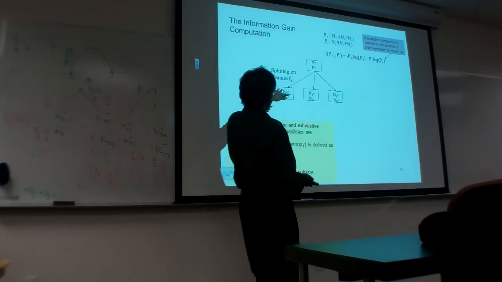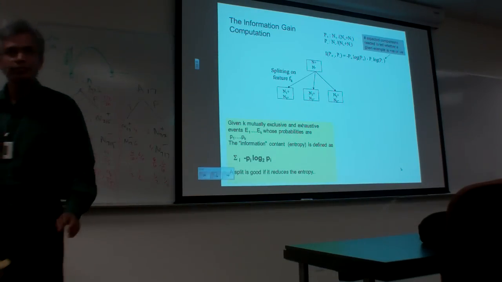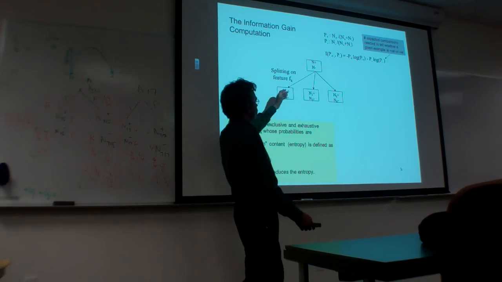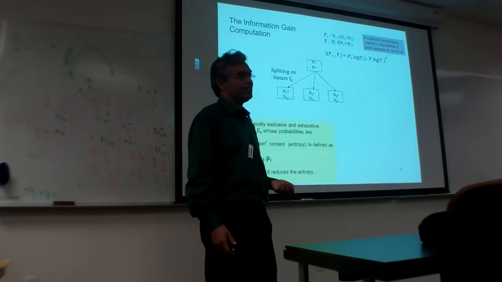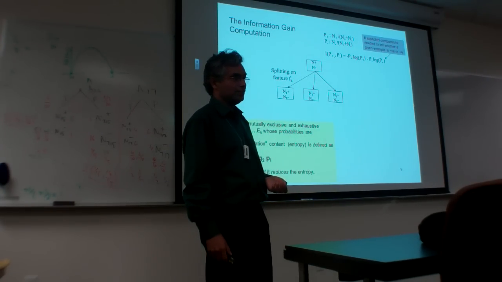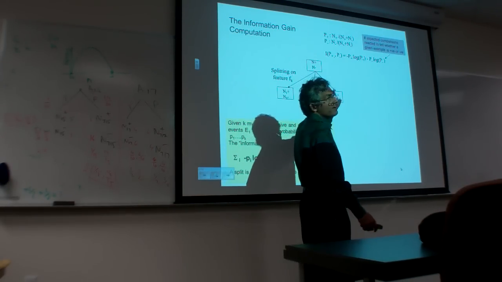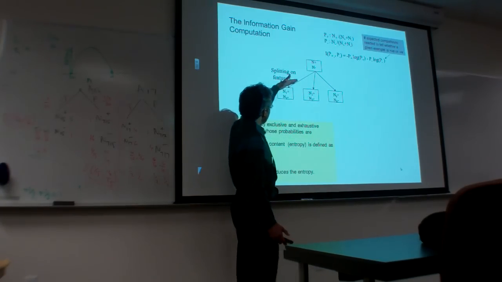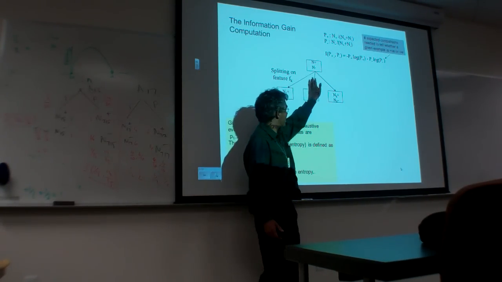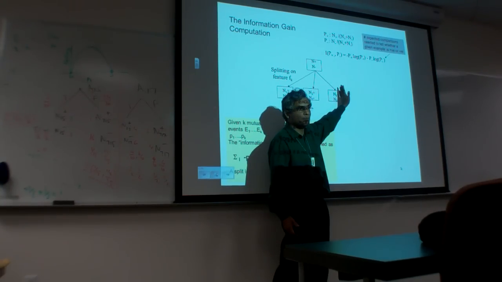Suppose I was going to split on feature fk, and it has some different values. In this particular case, the way I wrote it, it has k different values. In this branch, fk has its first value. In this branch, fk has its second value, and finally in this branch, fk has its kth value.